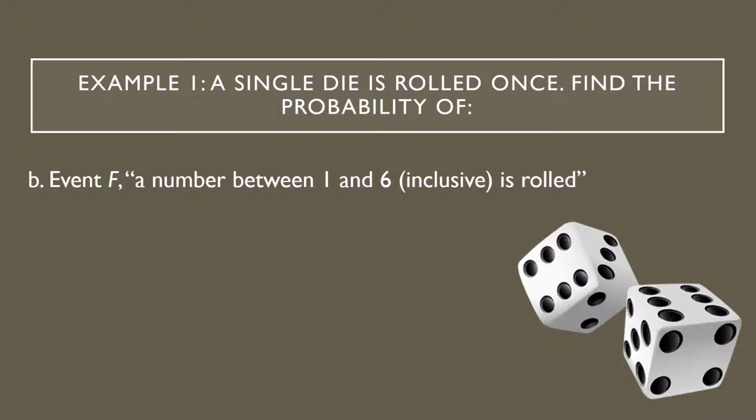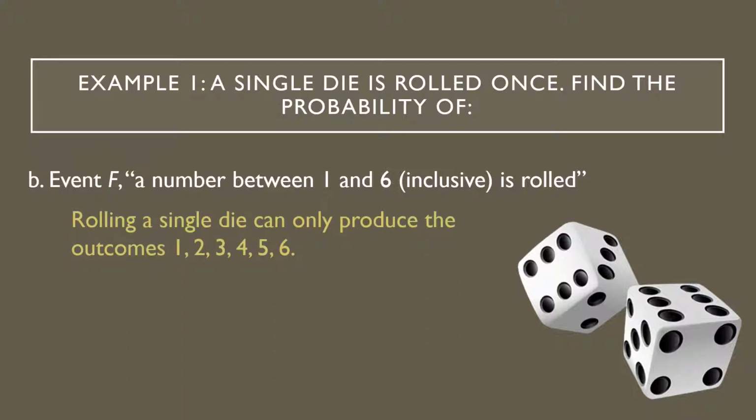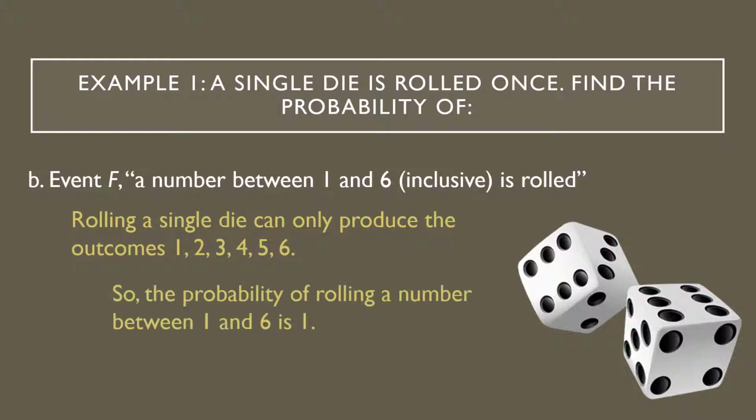Next we have find the probability of event F, which is a number between 1 and 6 inclusive, is rolled. Inclusive just means we're including 1 and 6. Once again, recall, rolling a single die can only produce the outcomes 1, 2, 3, 4, 5, or 6.